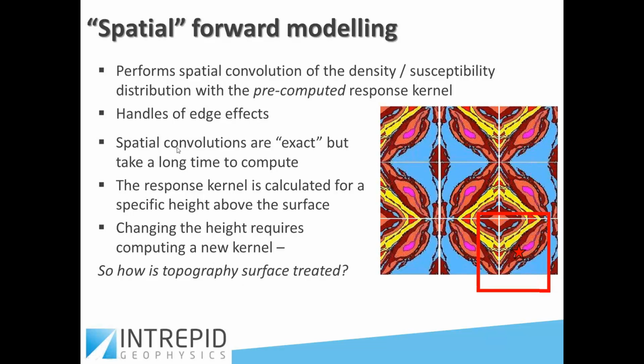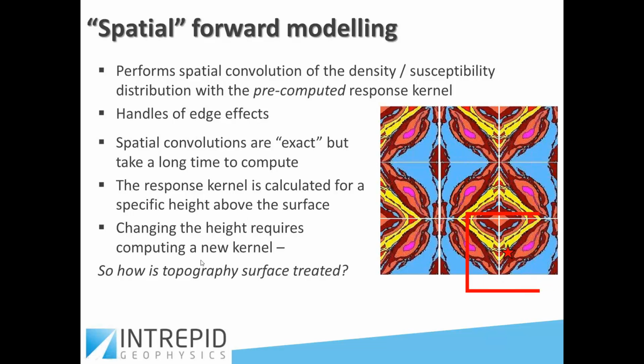Now, spatial convolutions are exact as a computation, but they do take a fairly long time to compute. And one reason for that is because every time you change the specific height above the given surface, it's quite memory intensive to do that.